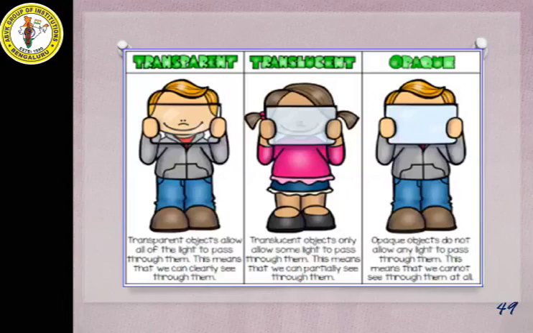You can observe here, transparent: you can see completely. Here you can see partially, when compared to this. But here you cannot see anything. Those materials are called opaque. Understood the difference? Transparent, translucent and opaque.